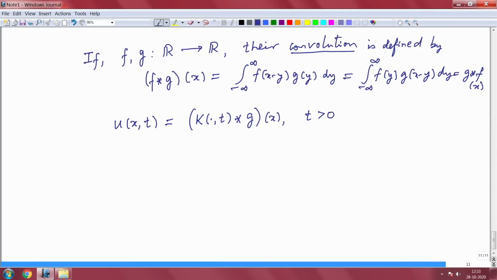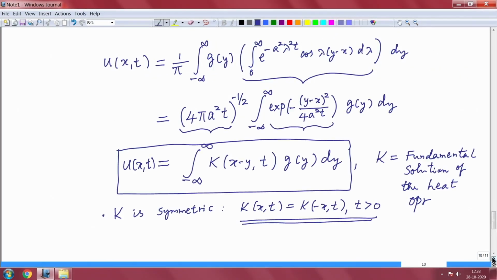So, the u we obtained by heuristic arguments can be written as convolution of the fundamental solution and g. That is what I want to comment. Okay. I want to stress that.